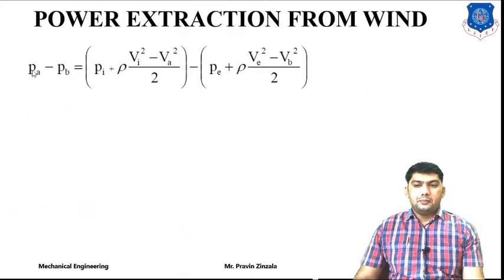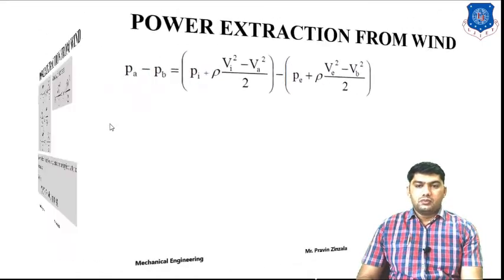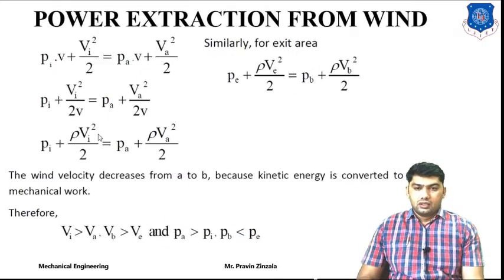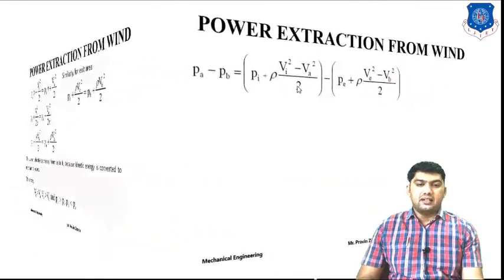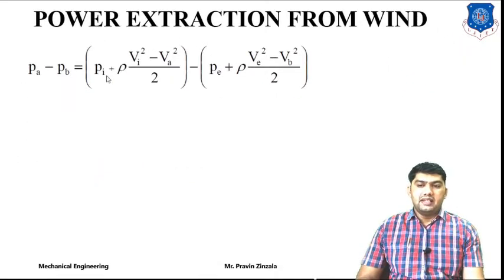So PA minus PB, from this equation, our main purpose is to find out PA minus PB. So from both equations, PA minus PB, we will get the final equation. PA minus PB is equal to Pi plus rho Vi square minus Va square by 2 minus Pe plus rho Ve square minus VB square by 2.